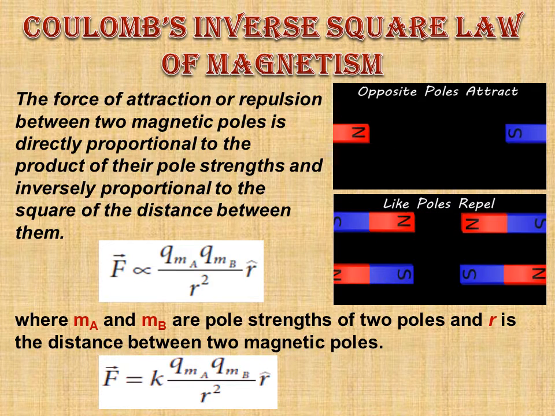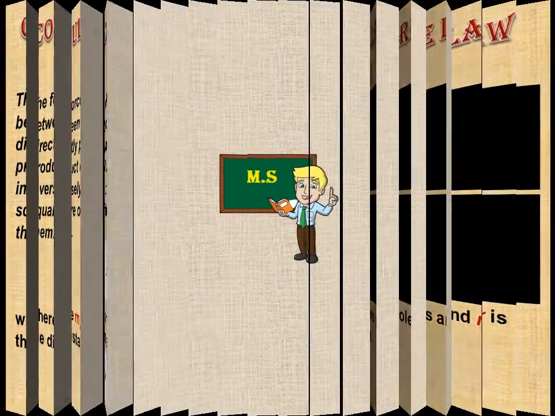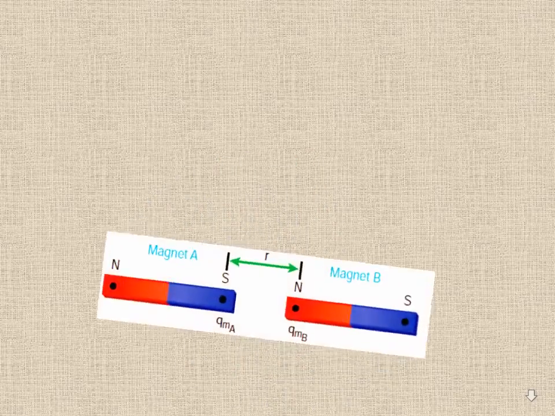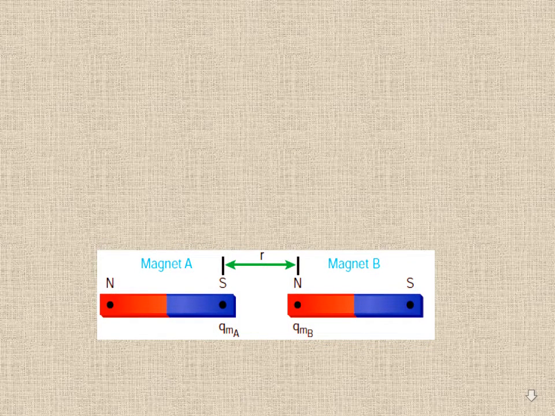Therefore, to equate this, we get a constant K. So F vector is equal to K into QmA QmB divided by r square into r cap. Here are the two magnets, N and S are the two poles, north pole and south pole.